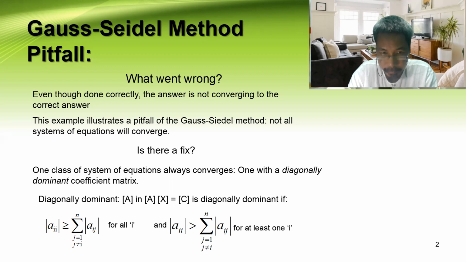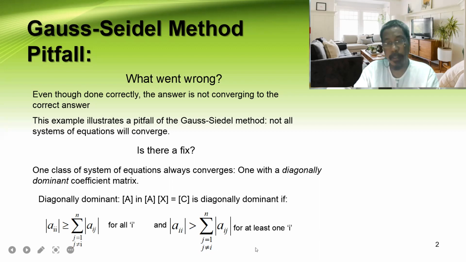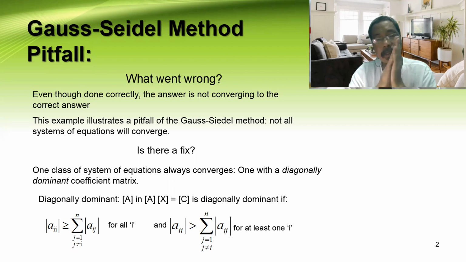And another condition: a_ii must be greater than the summation of a_ij, from j = 1 up to n, wherein j is not equal to i, for at least one i.